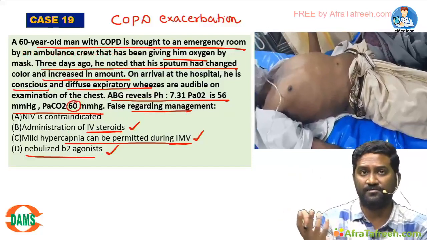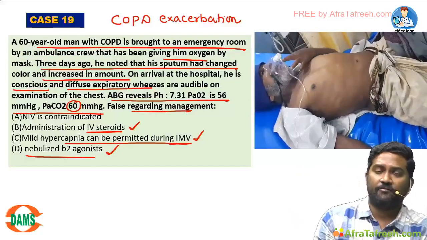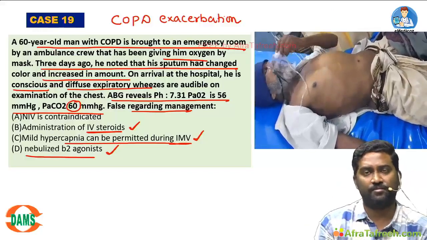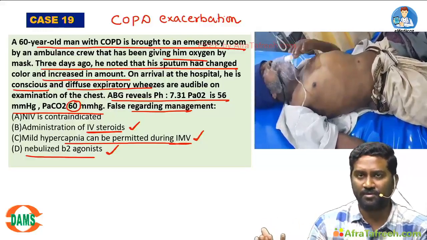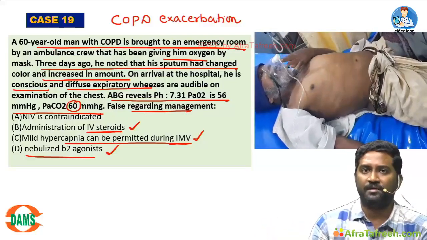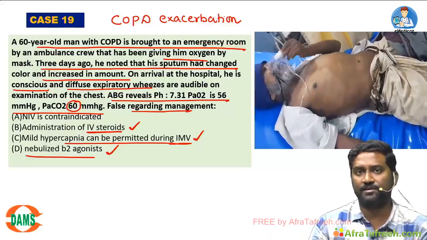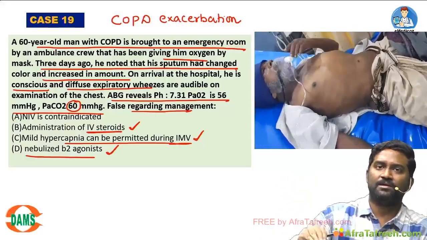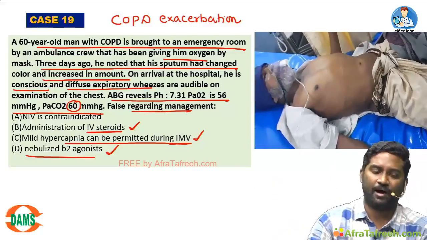If you want to bring CO2 to normal, you have to ventilate aggressively. If you ventilate the patient aggressively, he will develop pneumothorax. And moreover, the patient's body is already used to some amount of hypercapnia. So that's why in mechanical ventilation of COPD, you are not bringing the CO2 down immediately.